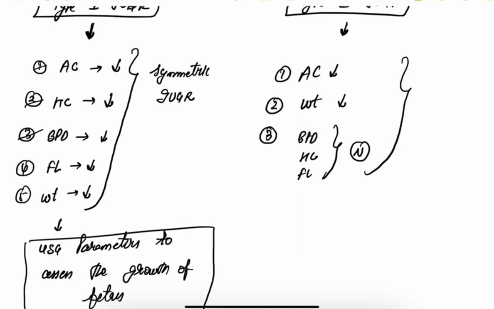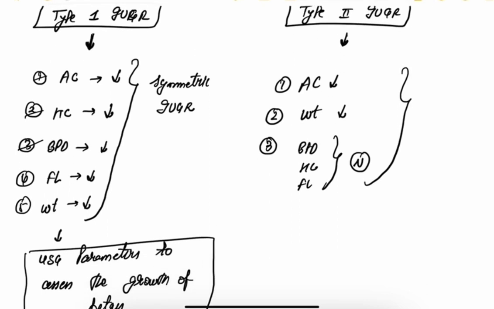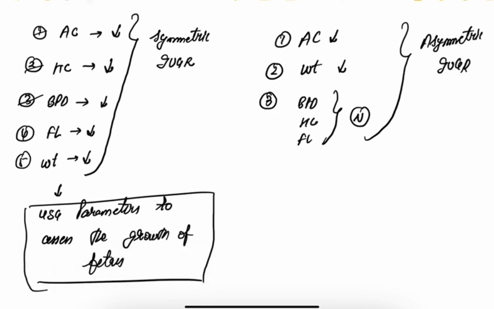That's why type 2 IUGR is also known as asymmetric intrauterine growth retardation.